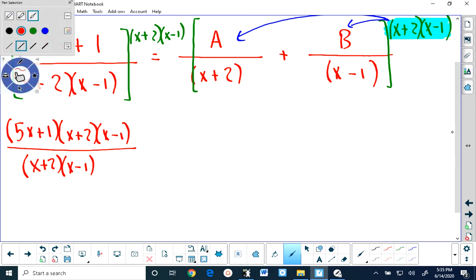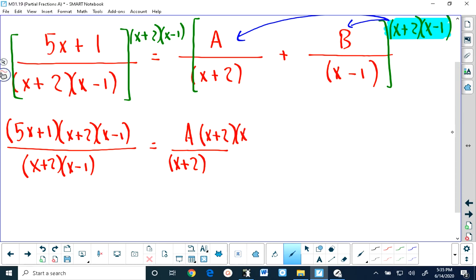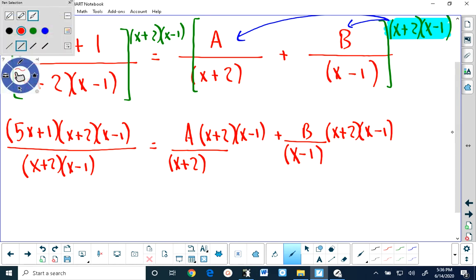Which means I'm going to have my A over my x+2, and then I have to multiply that by (x+2)(x-1). Then I have plus B over x-1, and I need to multiply that by (x+2)(x-1). And I think most of you would not need to write this step.